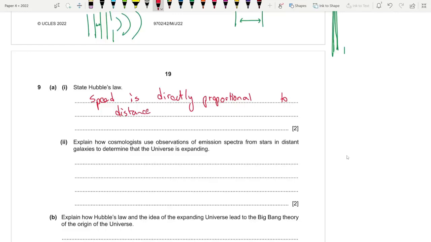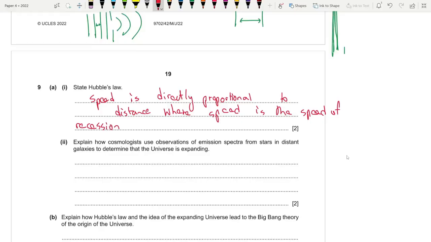What does this speed mean? It's actually the speed of recession. So suppose we're an observer on Earth. This speed is basically the speed of recession of a galaxy away from us, okay? And it leads to the redshift. Speed of recession basically means something that's going away from you, receding.